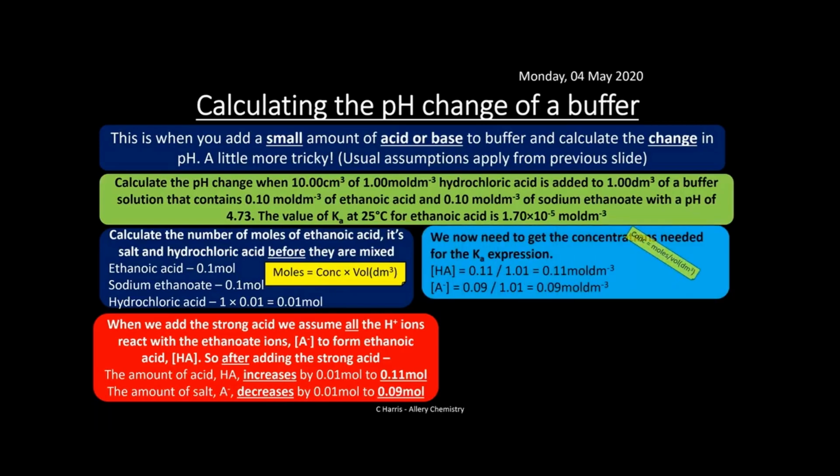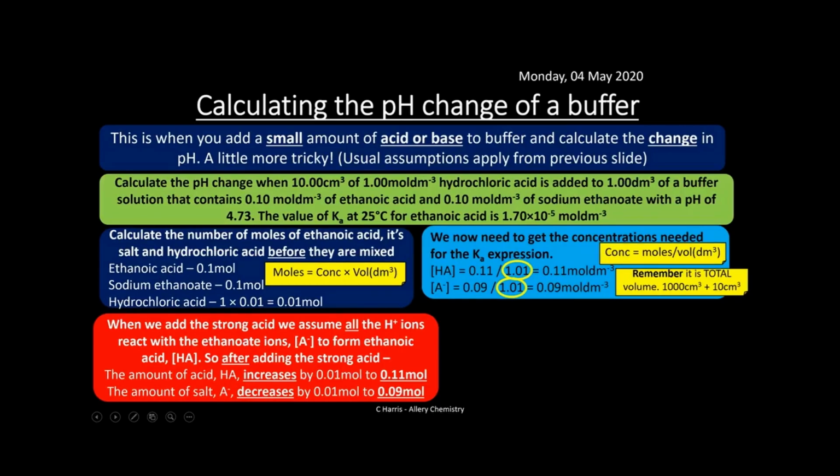So now we need to get concentrations for all of them. The concentration of HA, so we now know how many moles of HA there are, is 0.11 divided by 1.01. Now this is tricky. The reason we're dividing by 1.01 is that you might think, hang on, I've only got a fixed volume, which is 1 dm³.